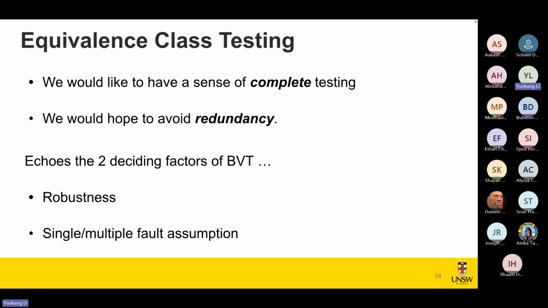Here we also have similar deciding factors. The first is robustness, whether parameters can be invalid or not. The second is whether we allow multiple values to take extreme values or not.